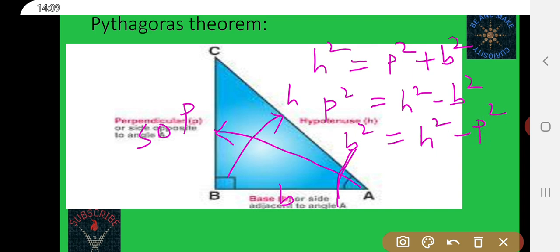Using this relation, if two sides are given, then the third side you can find easily. And the Pythagoras theorem tells us the relationship among sides in a right angle triangle.